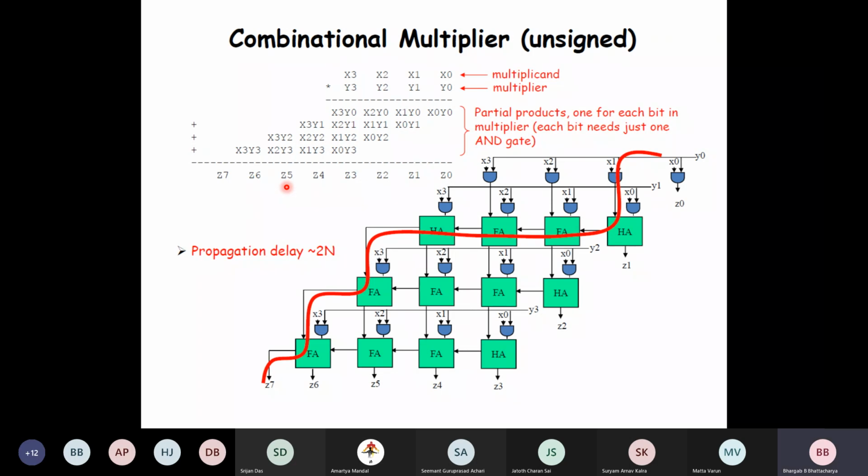And obviously, because of this architecture, we are concerned about delay. As you can see, the propagation delay is still linear, it's 2n, because the signal has to flow horizontally as well as vertically.